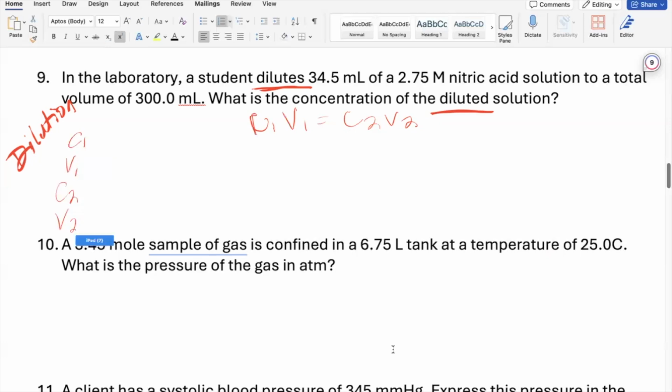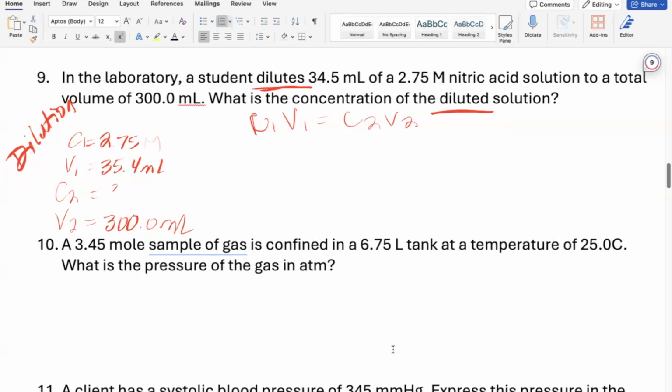In a laboratory, a student dilutes 34.5 milliliters, so that must be my volume 1, of 2.75 molar, my concentration 1, to a total volume of 300 mL. They're telling me the total volume at the end, which is great. Then it asks, what is the concentration of the diluted solution? That's my X, or my variable.